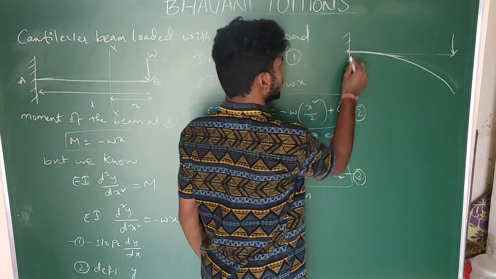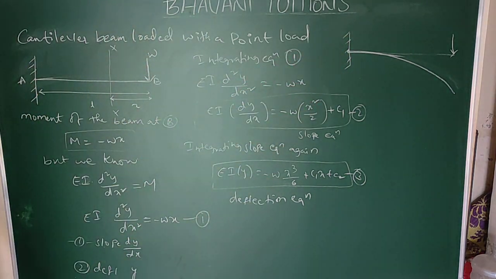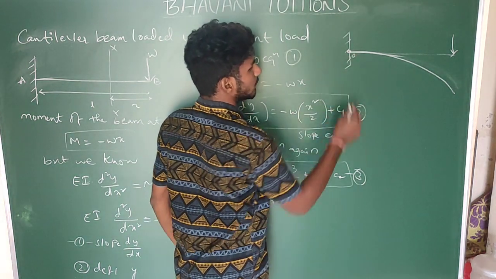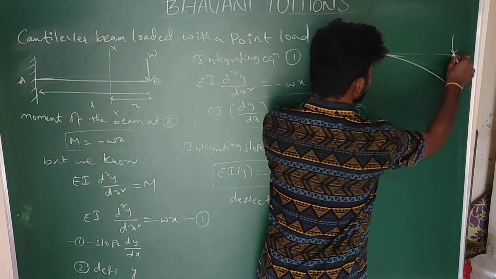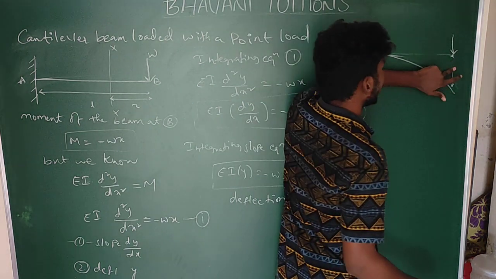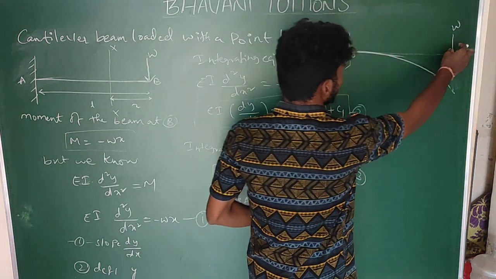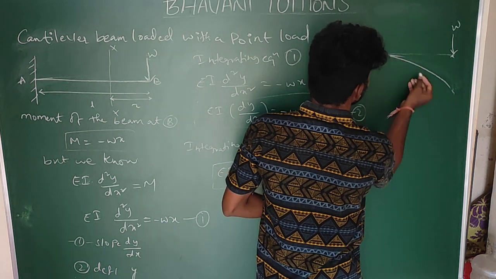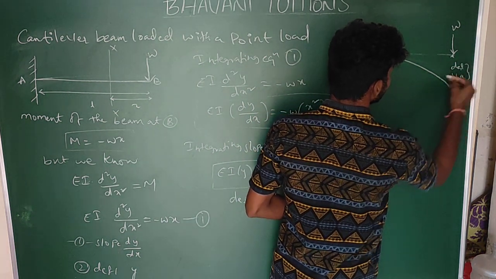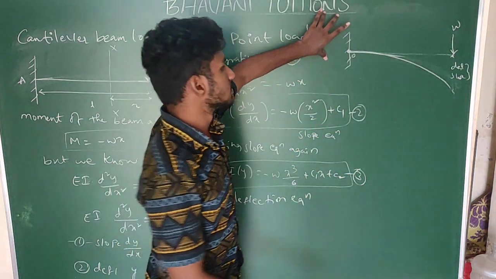We know in a cantilever beam, at the fixed end, the deflection and the slope are 0. And the maximum slope and deflection we get at the free end because of this load W. So the deflection as well as the slope will be maximum here, and the deflection and the slope will be 0 at the fixed end.